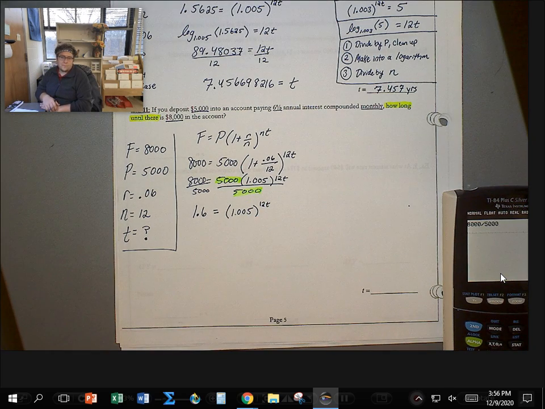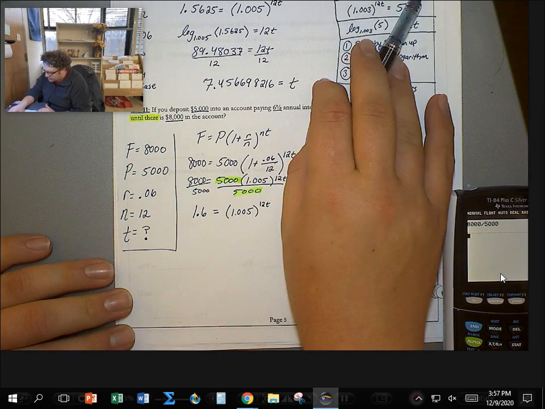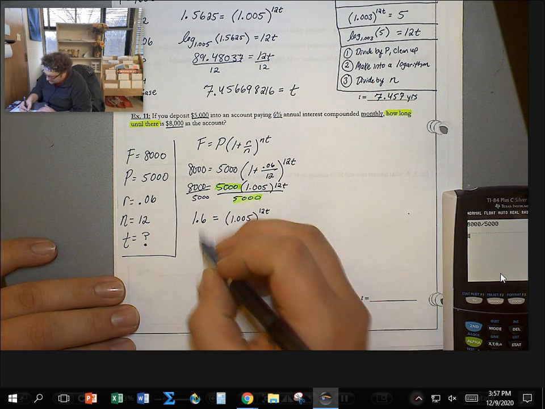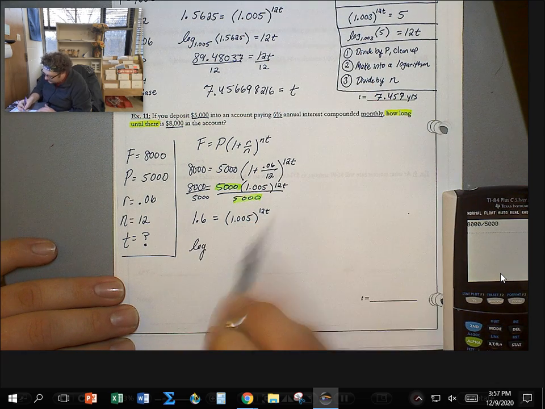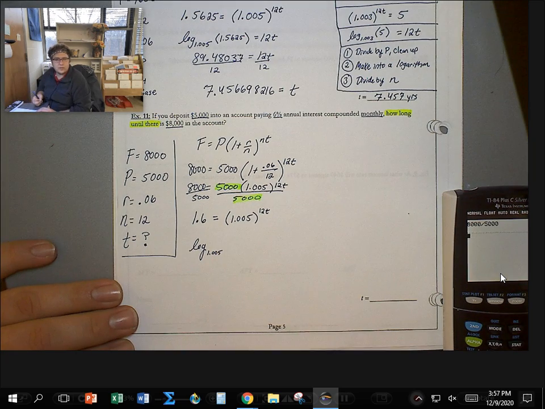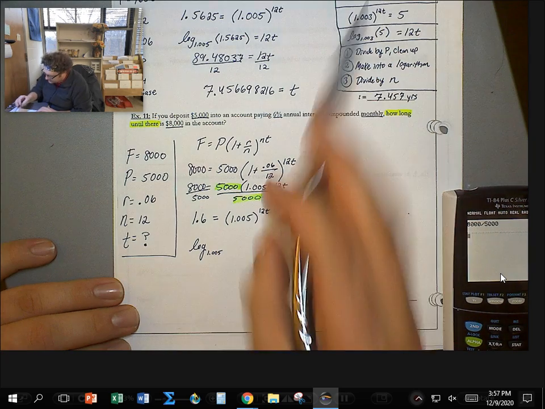Okay, now this is the time when we're going to change from an exponential equation to a logarithmic equation. This is going to be two different rewrites now, okay? So we're going to go back to our definition here, and it says that we're going to change this to a log with a base. So we're going to write log, and the base is 1.005. So the base is there, then comes the answer.